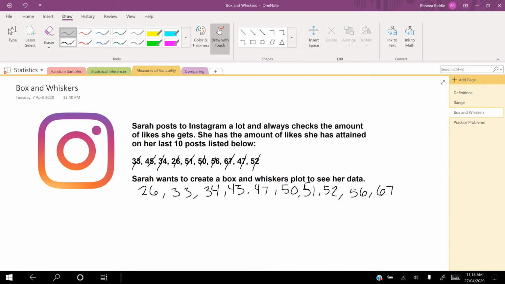So we're going to first find the range. The range is going to be 67, the highest number, minus the lowest number of 26. So that difference between the lowest and the highest number is going to be 41.